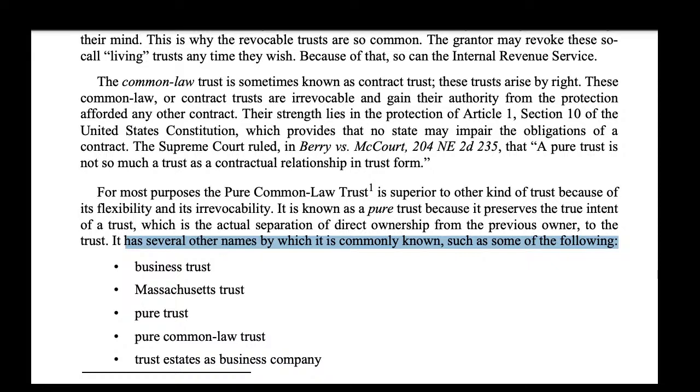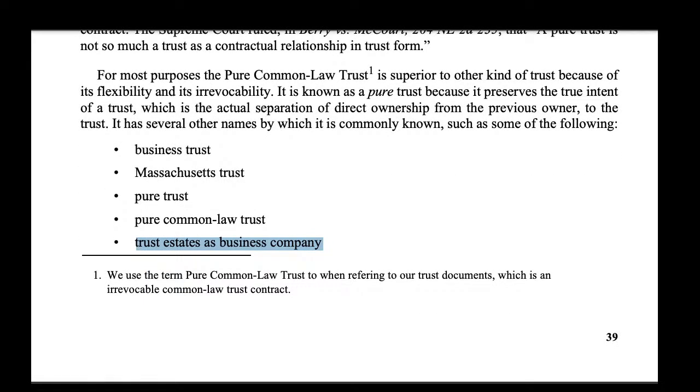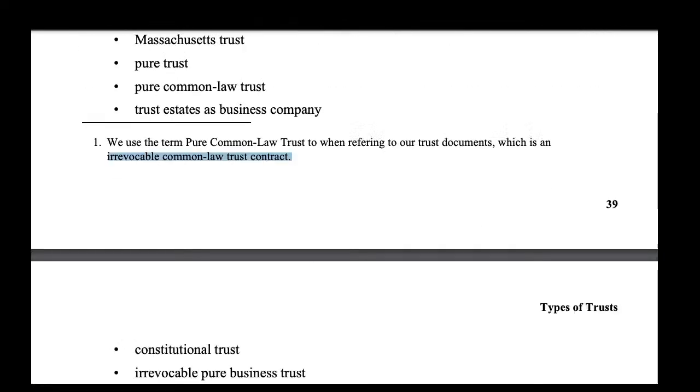Okay, so this is what we went over previously: Business Trust, Massachusetts Trust, and now we have a new name, the Pure Trust, Pure Common Law Trust, and Trust Estates as Business Company. So we use the term Pure Common Law Trust when referring to our trust documents, which is an irrevocable common law trust contract.